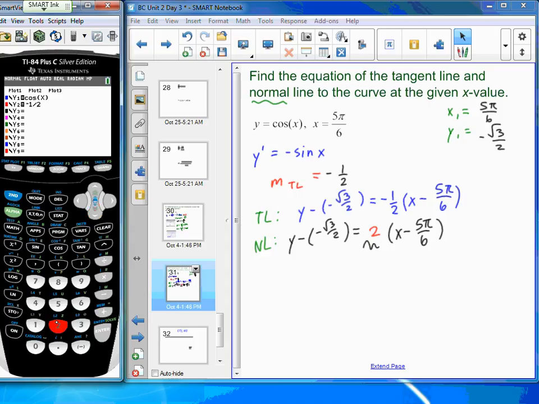And again, I'm going to leave this in parentheses here, so I don't mess anything up. X minus 5 pi over 6, close, and then I'm going to subtract over root 3 over 2, because that would be positive.